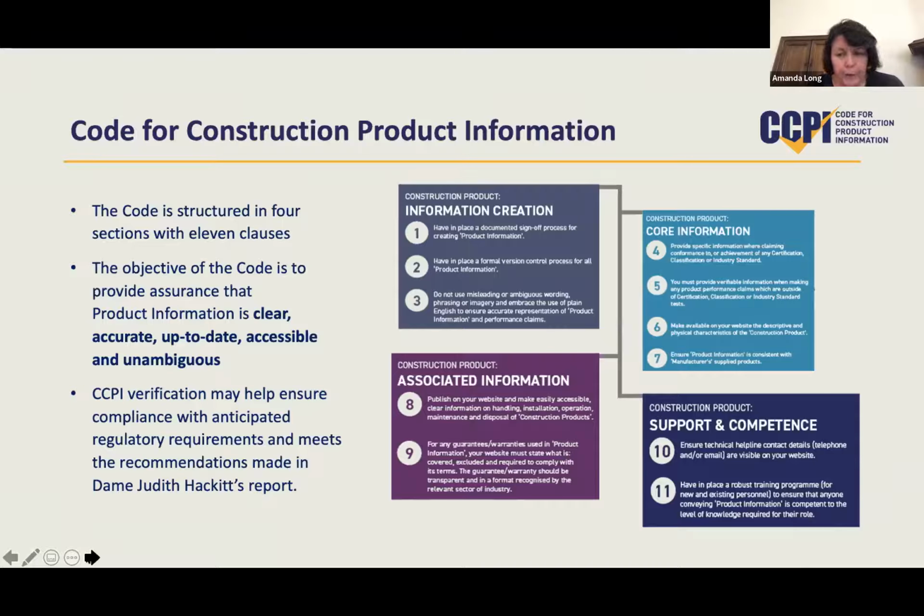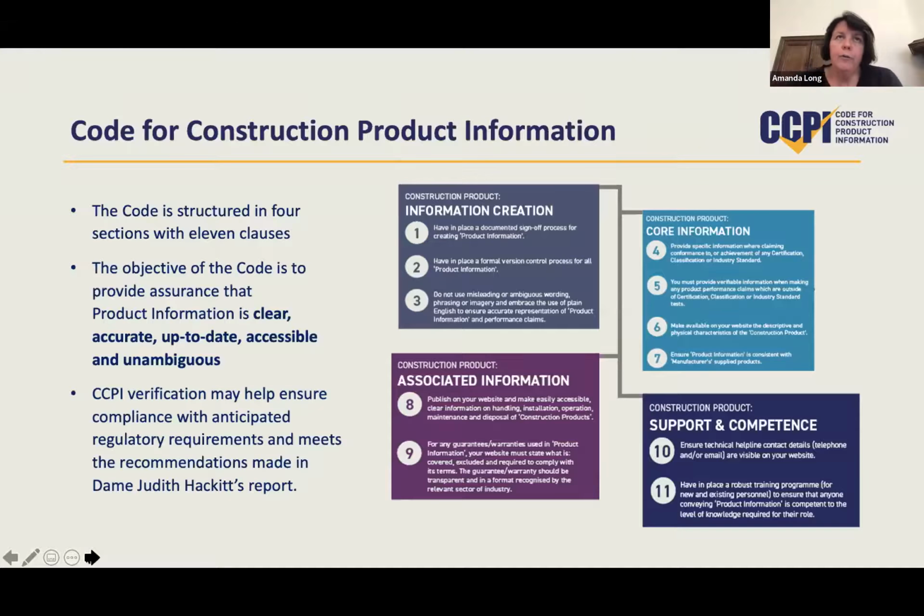And then the final section, the last 2 clauses, are all about ensuring that there's appropriate support and competence behind the management and putting together the product information, so that there are technical helpline details in place and that there are competent individuals able to support that, and that in fact there's a competency process in place for all those involved with product information.